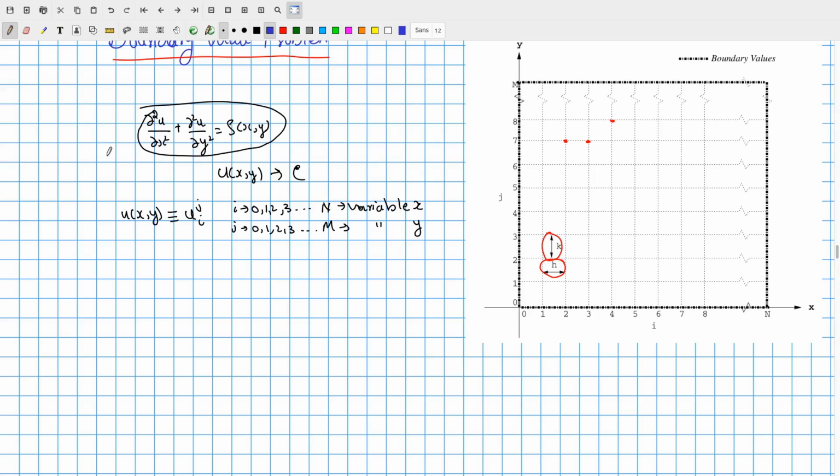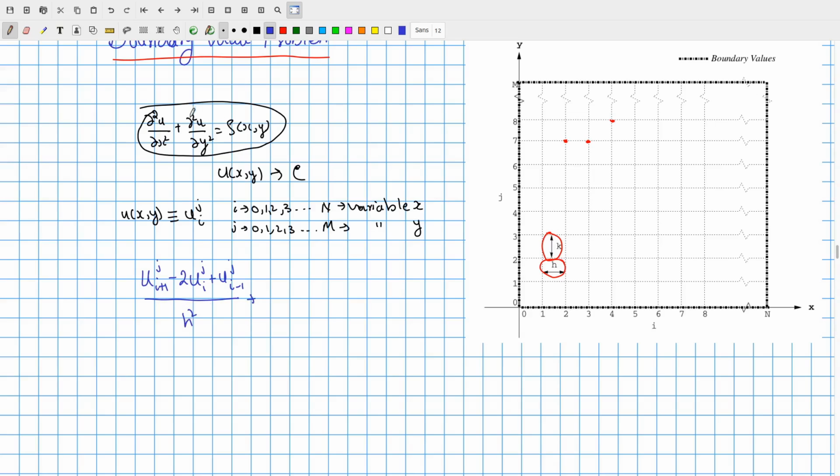When you use a center difference scheme, depending upon the way we discretized u, the second derivative on x is going to be u of i plus 1 j minus 2 times u of ij plus u of i minus 1 j, divided by the interval width, which for x is h, so this becomes h square.